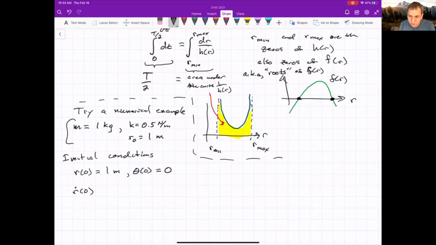The initial radial velocity is 0 meters per second, and the initial angular velocity, pick something easy, 1, and the units are radians per second. So I guess here, if you want, this is 0 radians. Everything's measured in radians for angles to do these calculations.